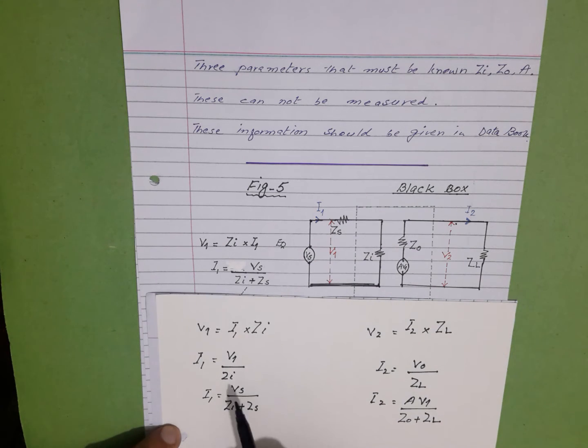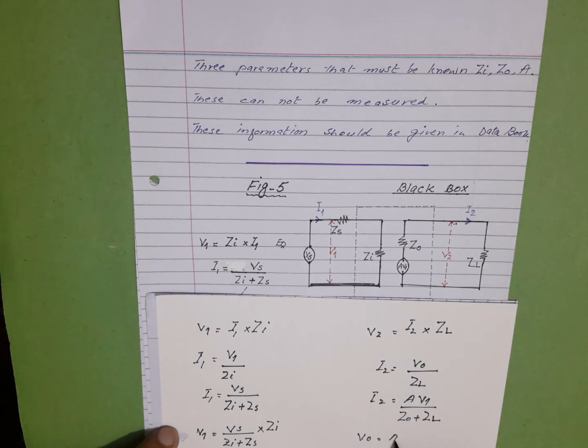I put the value of I1 here, and V1 becomes Vs over Zi plus Zs, into Zi, and V0 can be written as A V1 divided by ZO plus ZL, into ZL.